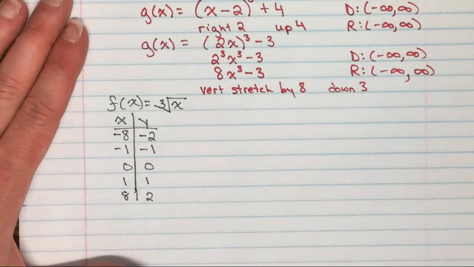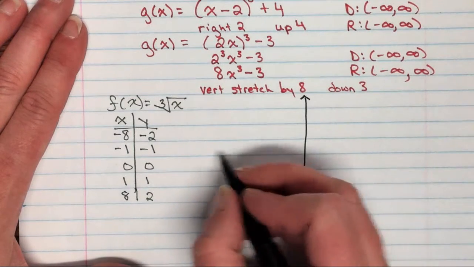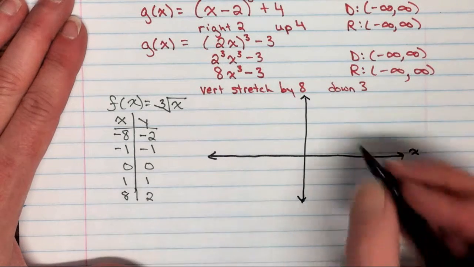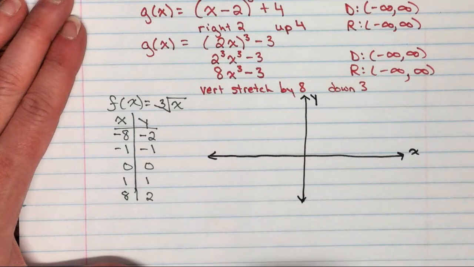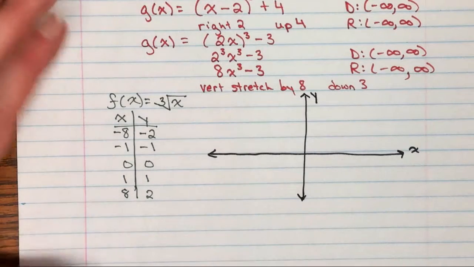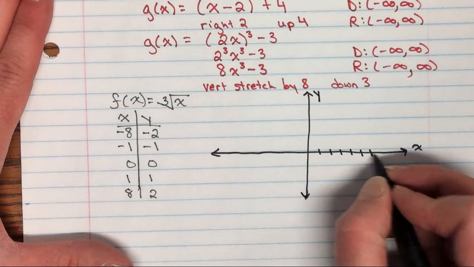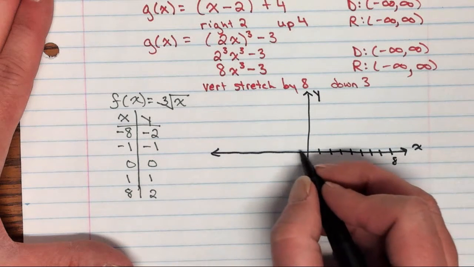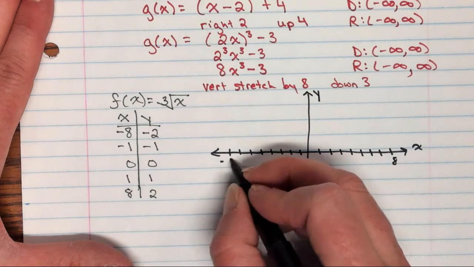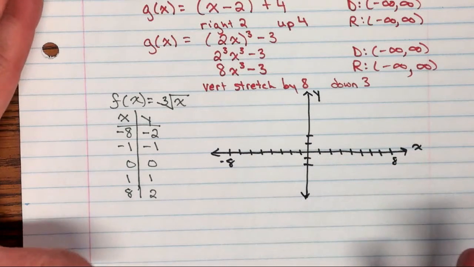Look what happens on our graph. So this time my x-axis has to go between negative 8 and 8, and my y's only have to go from negative 2 to 2. They switched. 1, 2, 3, 4, 5, 6, 7, 8. 1, 2, 1, 2.